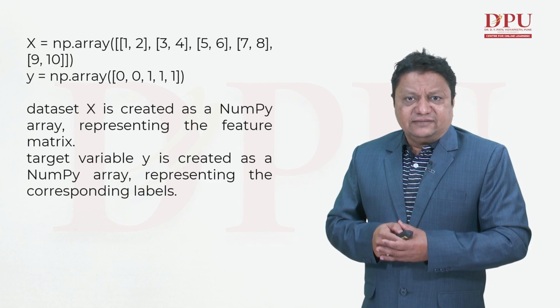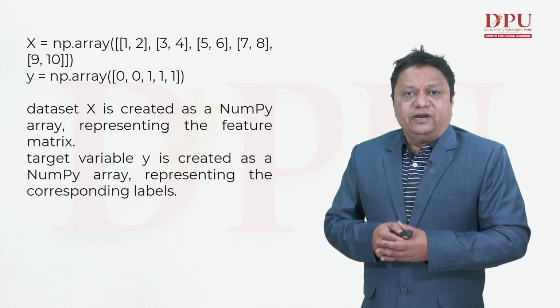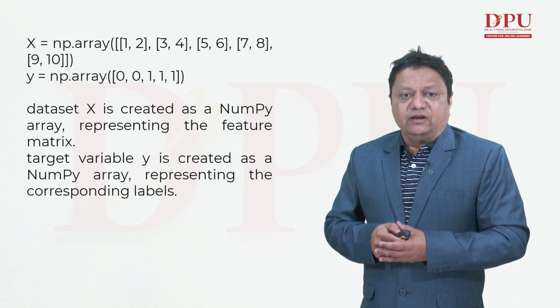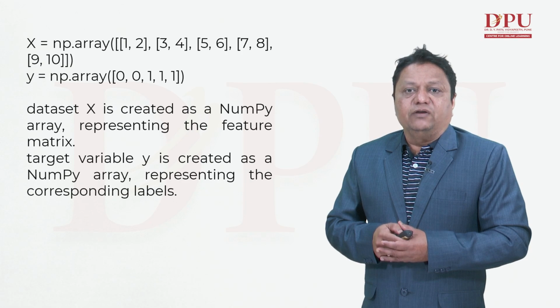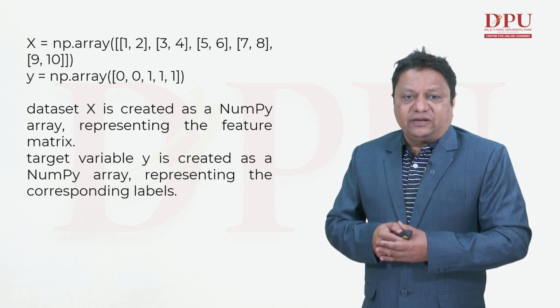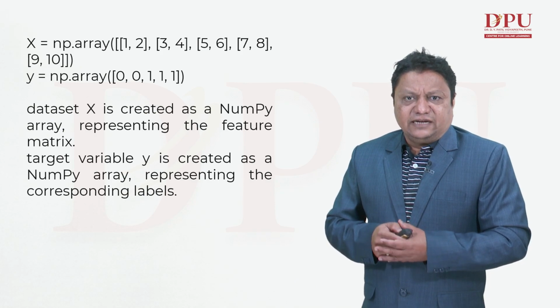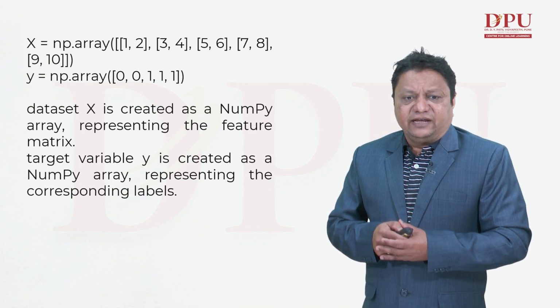The next line, that is x is equal to np.array. So, here we have created the data set with 1, 2, 3, 4 and 5 data points, and y as np.array. We have defined two arrays with the names x and y. X contains your data set and y contains the target labels.